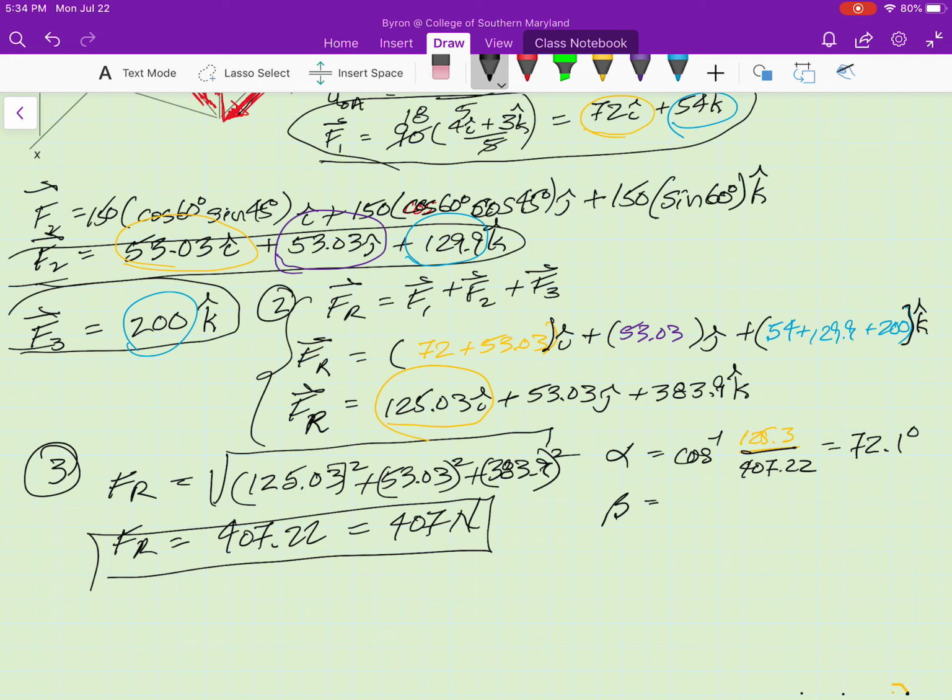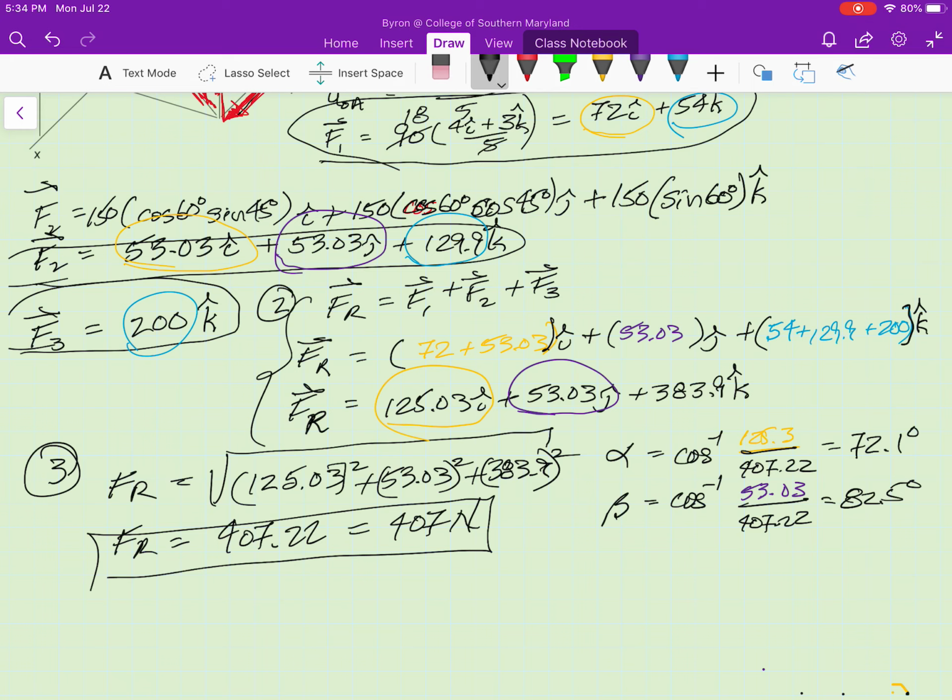Beta is going to be the inverse cosine of the y or j component of the Cartesian form of my force resultant, which is 53.03, divided by 407.22. That'll give me 82.5 degrees.